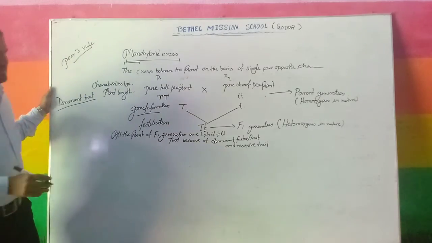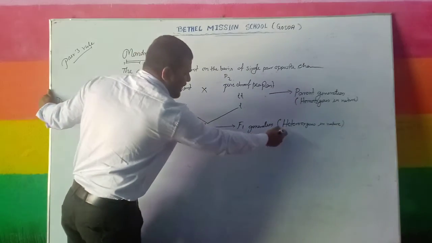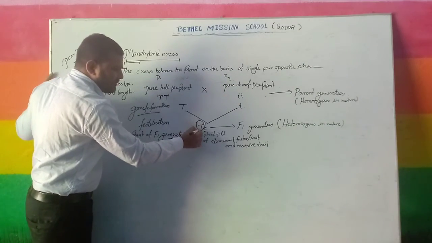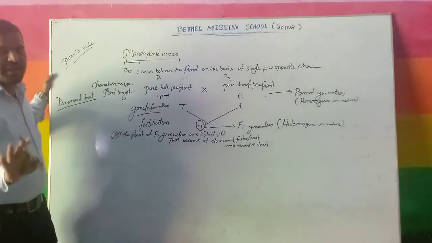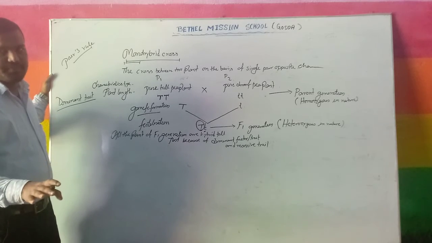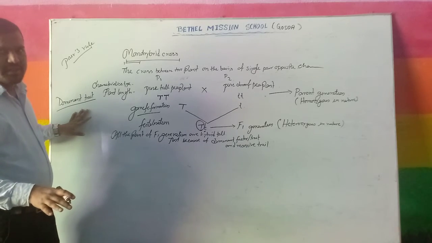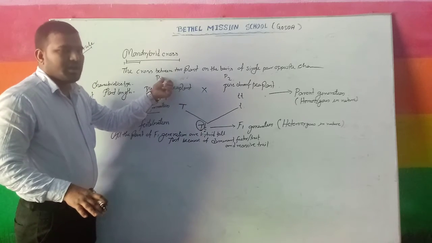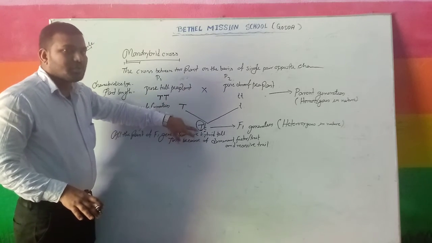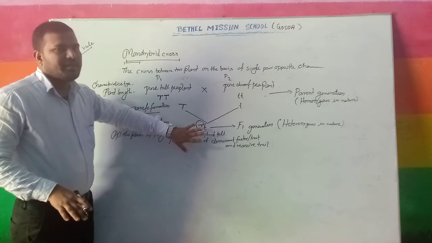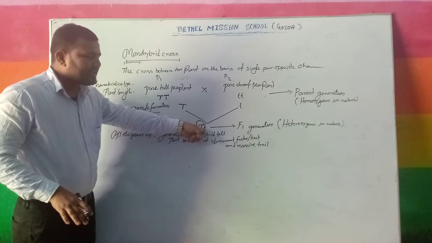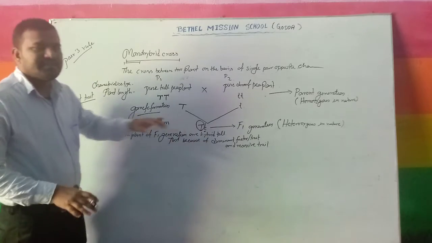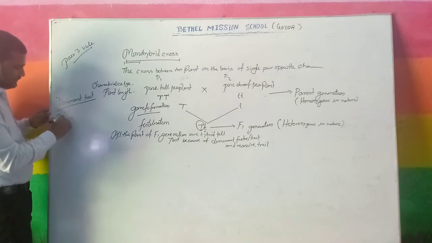A dominant trait means, in a heterozygous organism, the one factor that develops itself, the expressing factor of the heterozygous organism, is known as the dominant trait. Here the capital T, which means this feature of tallness, is going to develop. So the capital T will be the dominant factor, and the other factor remains unexpressed or inactive, known as the recessive factor.